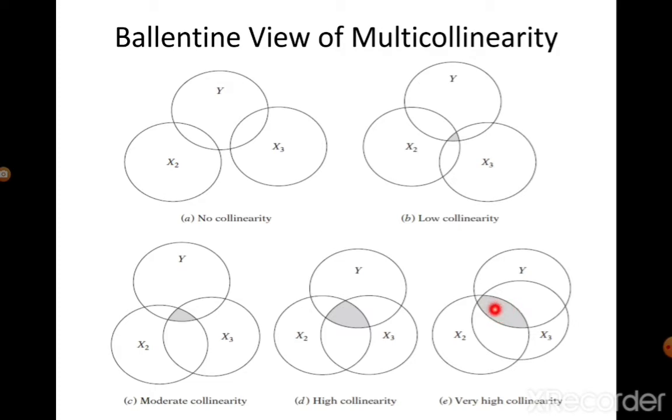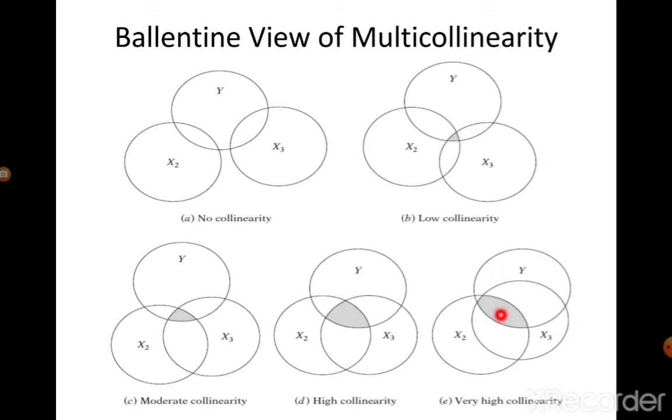All we can say is that x2 and x3 together explain this much of the variations in dependent variable y. So that is our main problem also when we have multicollinearity in our sample. We are unable to say how much of changes in y are due to the influence of one individual variable alone.